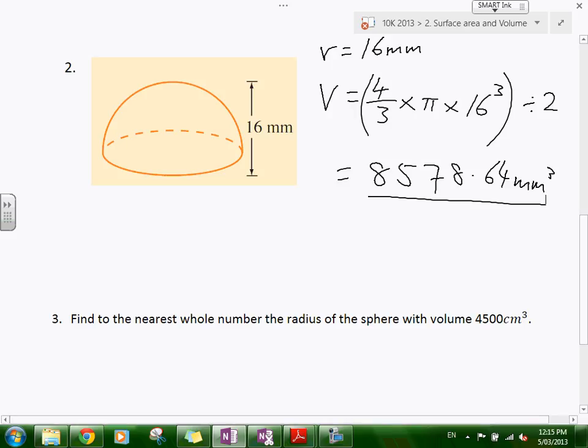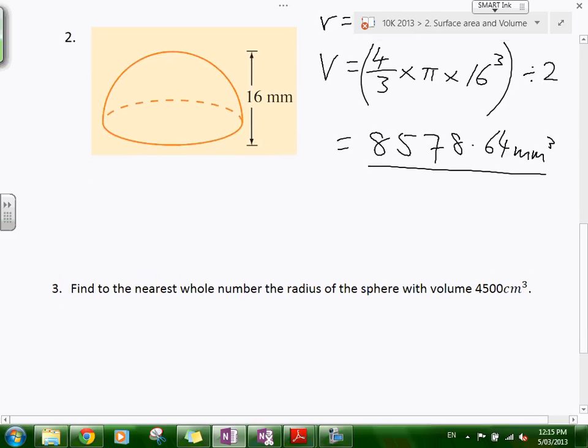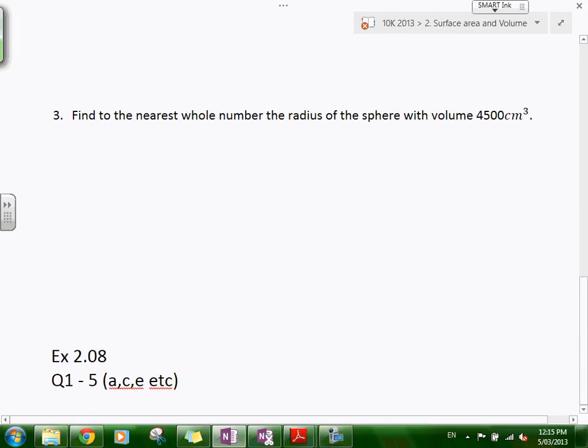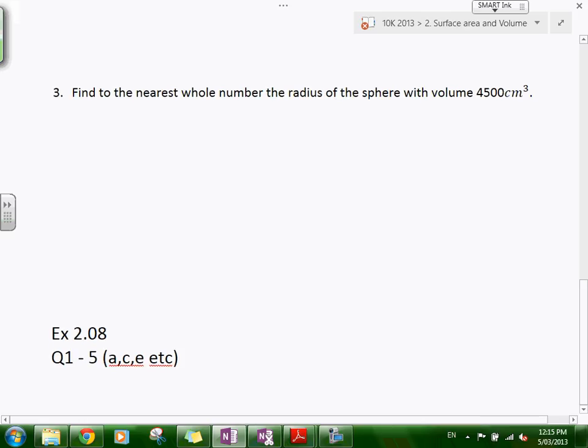So the last example, you're given a volume, but then you have to find the radius. So we'll go over there in a sec. I'm just finishing writing this one. Alright, so find, to the nearest whole number, the radius of the sphere with volume 4,500 cubic centimeters. So the idea with this one, we say, well, V is equal to 4,500.